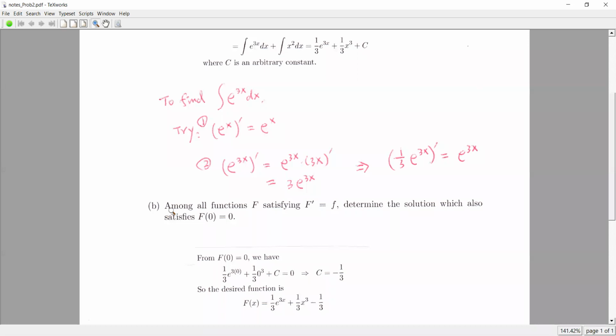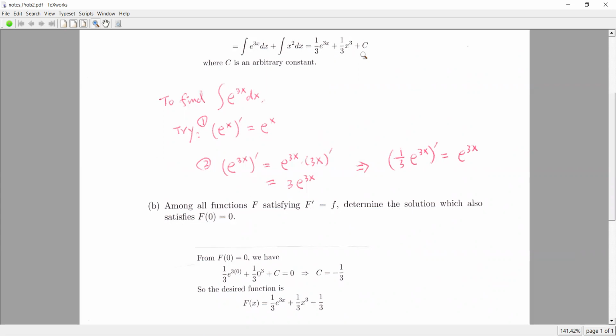Part B. Among all functions, capital F, satisfying this equation, determine the solution which also satisfies this condition. In part B, we need to determine the constant c so that this condition is true. Plug in 0 for x here.